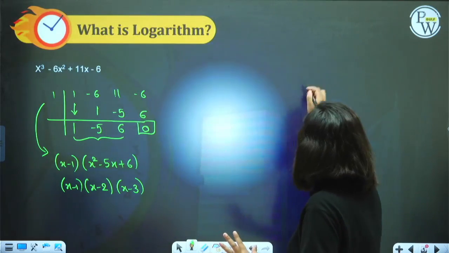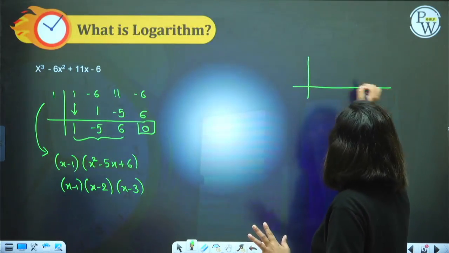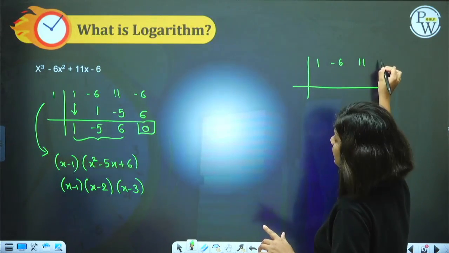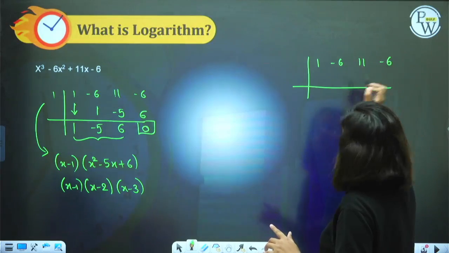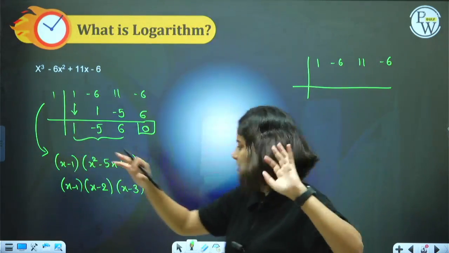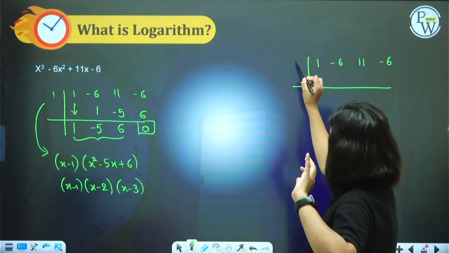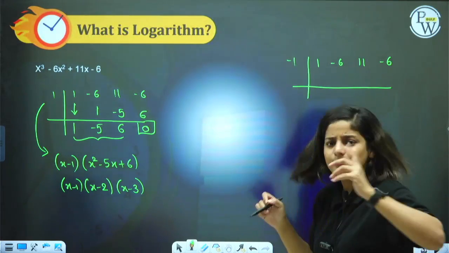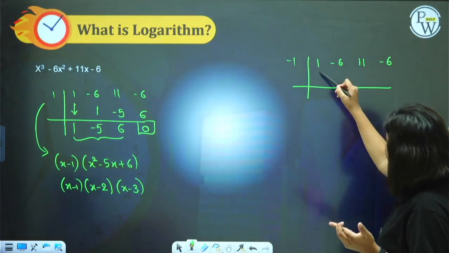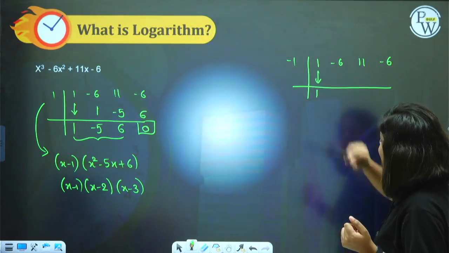Let's suppose for the same question, 1, minus 6, 11 and minus 6. Instead of 1, I am just trying out any other number, which can be minus 1. Let's try with minus 1 and see if that gives me the answer. First step, carry this 1 downwards.